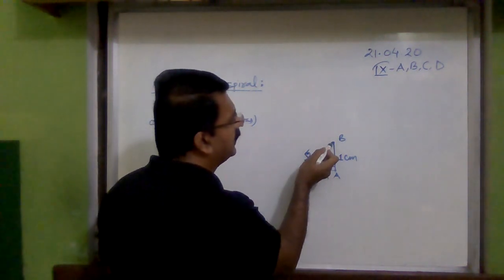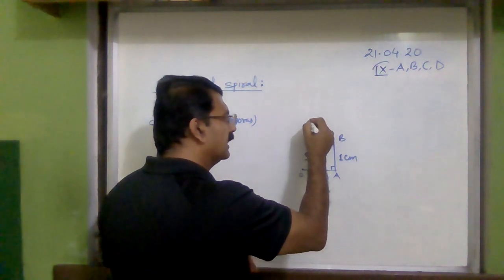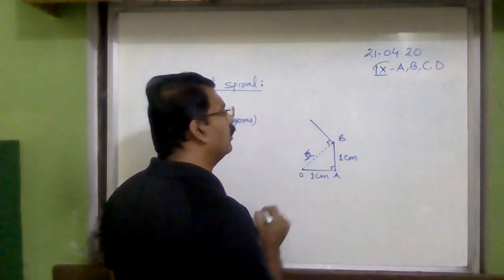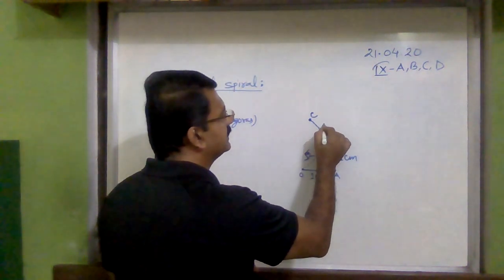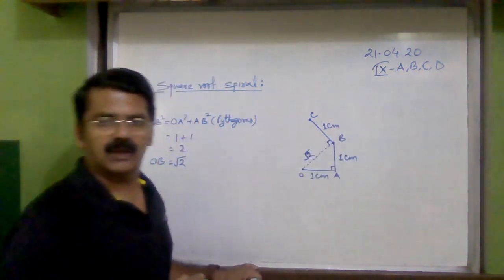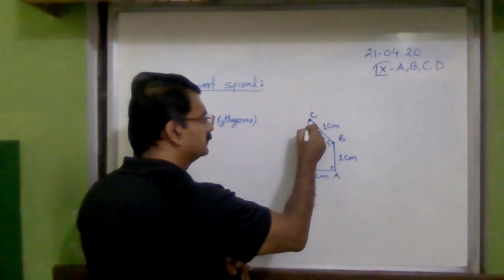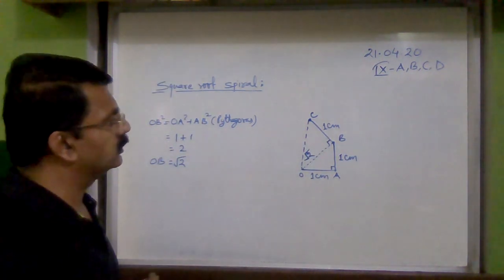Now at point B, you draw another perpendicular to OB like this. Let this point be C, such that the length of BC is again 1 centimeter. Okay, and then you join OC.